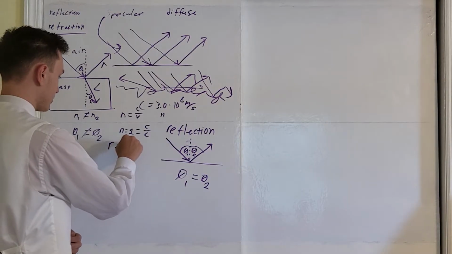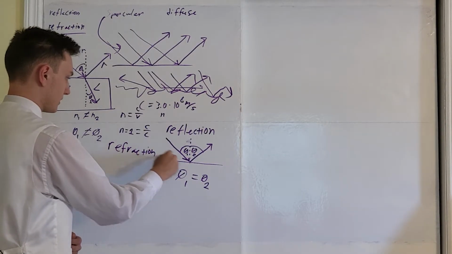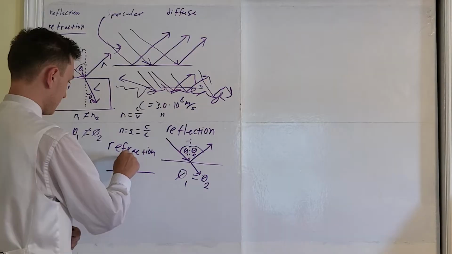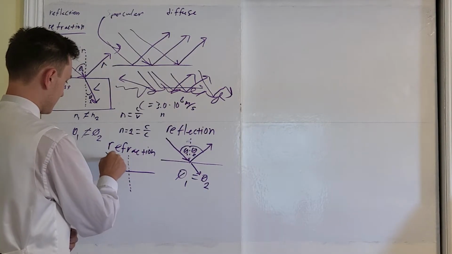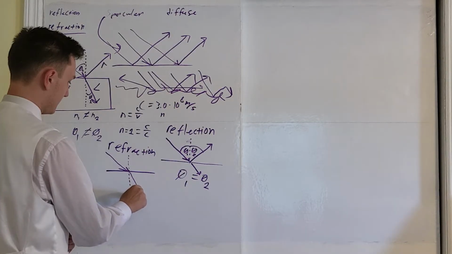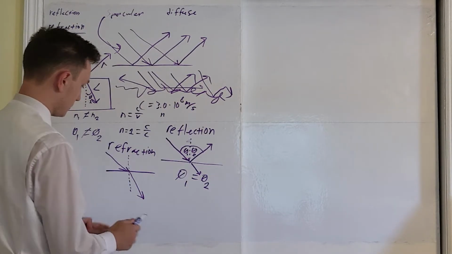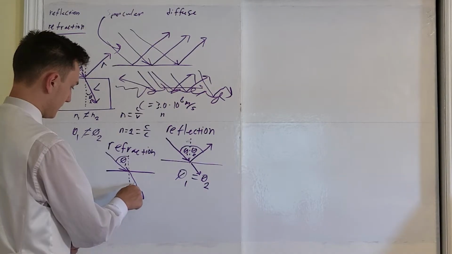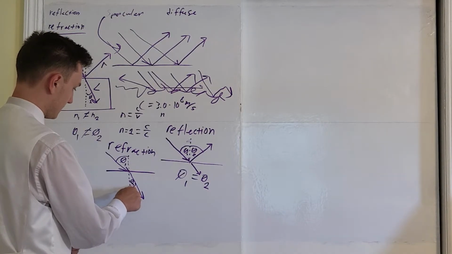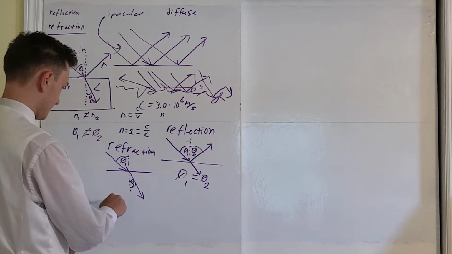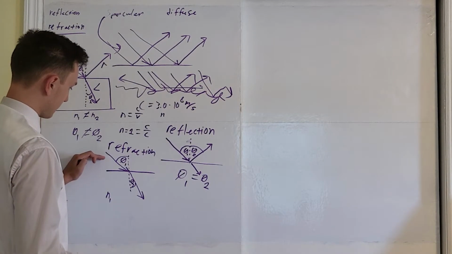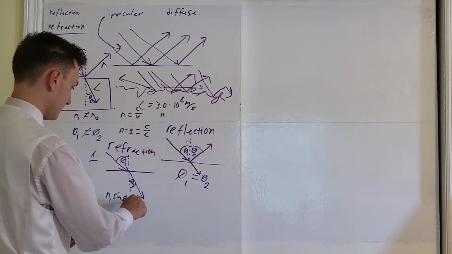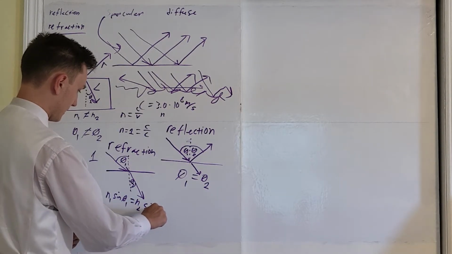The law for refraction, refraction being the portion of the light that passed through: if we draw our medium and we draw our vertical, an incident light as such will bend towards or away from the vertical, okay, such that the angle that the incident makes, theta 1, and the angle that the excident makes with the vertical, theta 2, are related by this equation, such that n1, being the index of refraction of medium 1 up here, times sine of theta 1 equals n2 times sine theta 2.